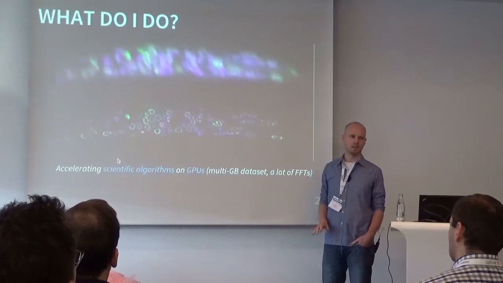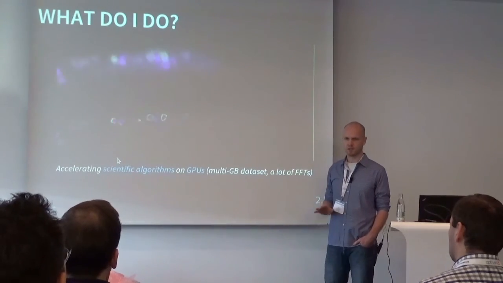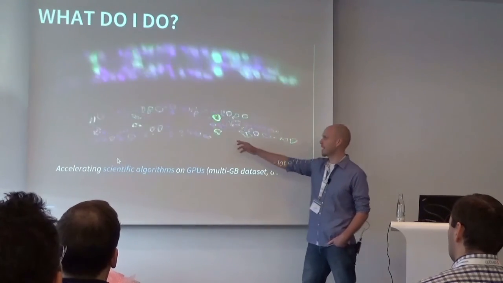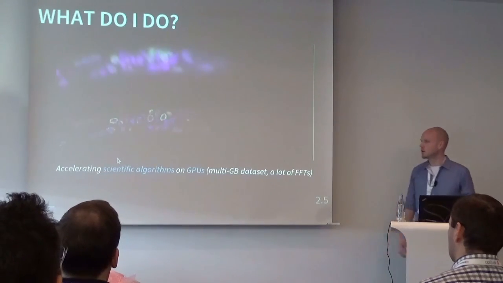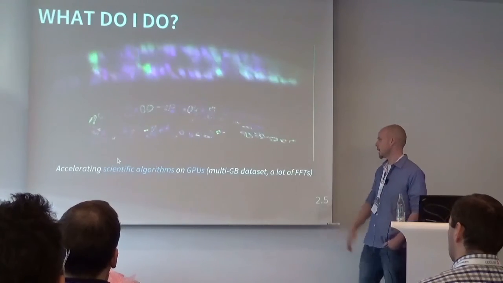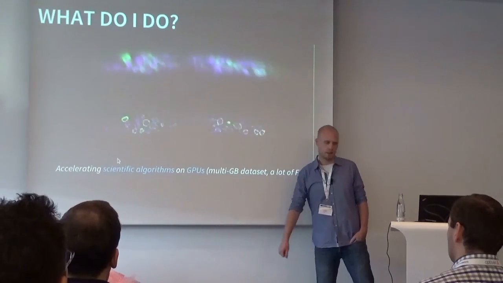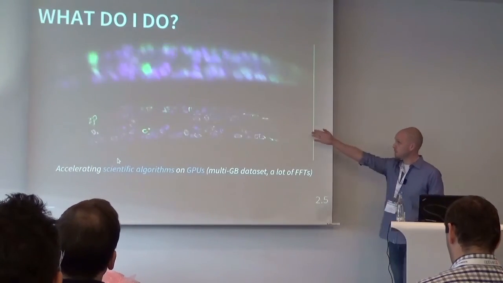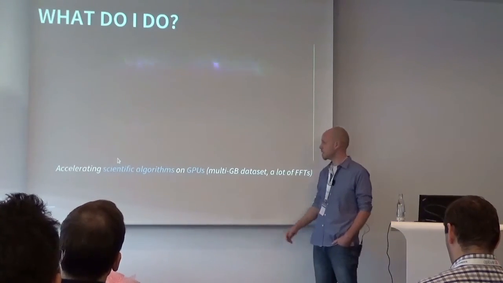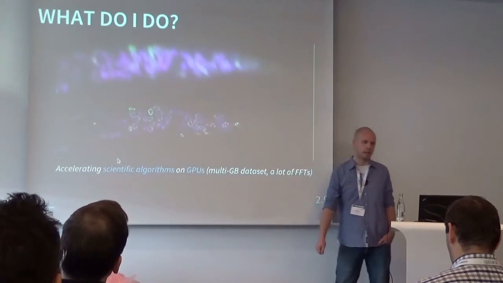And I guess I don't need to say anything more about this, that this algorithm does a great job, right? Because you can actually see cells, right? Isn't this great? So I'm basically, as I said, working with scientific algorithms to be ported on GPUs. And for this specific task, which I hope to release early next year, the problem is actually the data size.